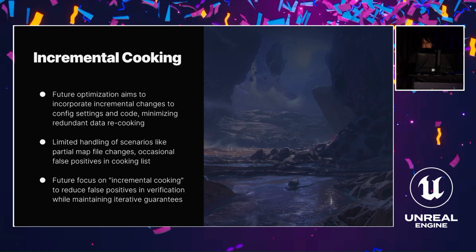Iterative cooking works well for small changes, but there are some scenarios it is not able to handle, such as making changes to the Unreal portion of a map file. It is still not fully adaptable to changes in cooking and source code. We are currently working on implementing hybrid iterative cooking for these cases.